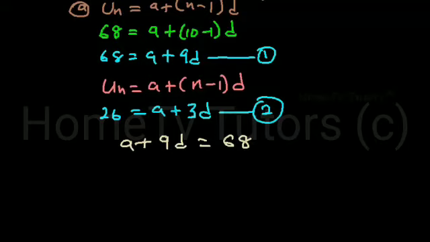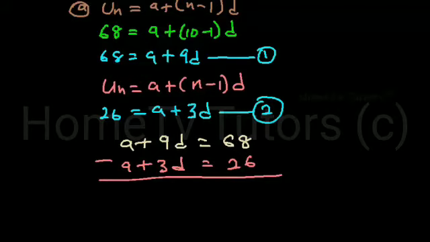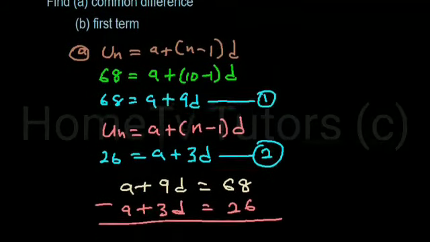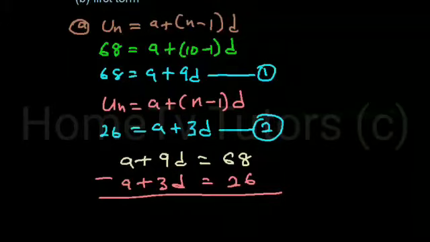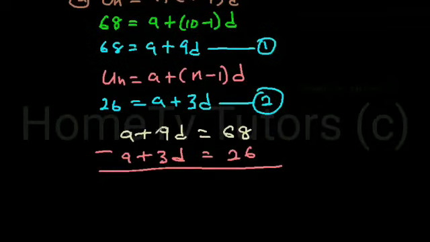Then we have a plus 3d equals 26. So now we subtract equation 2 from equation 1. So a minus a, that is gone. 9d minus 3d, we have 6d. 68 minus 26, we have 42.